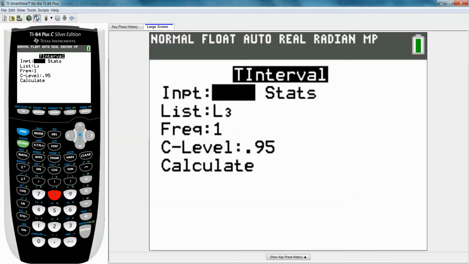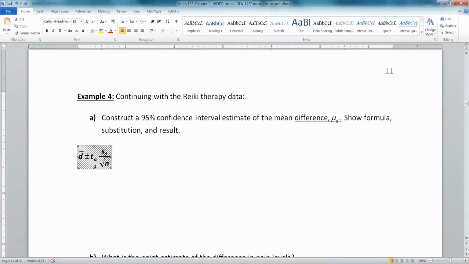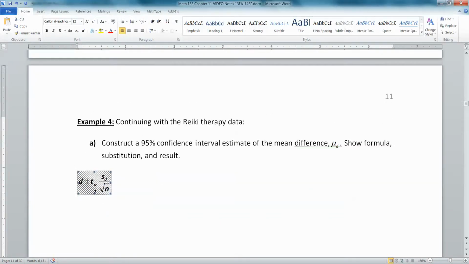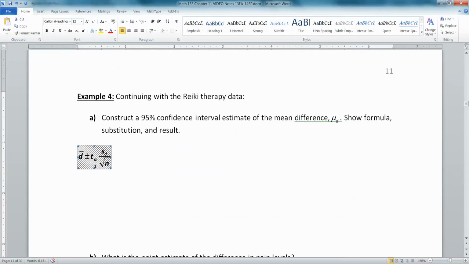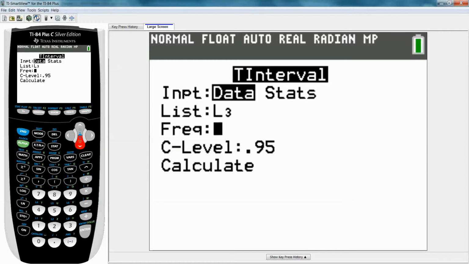We want statistics this time, right? Oh no, I guess not. We still have the data in there. It's in L3, right? So we can leave it data because it's from that Reiki touch therapy data that we already used back a few pages, right? Okay, so then we want a 95% confidence interval. Go down to calculate, enter.